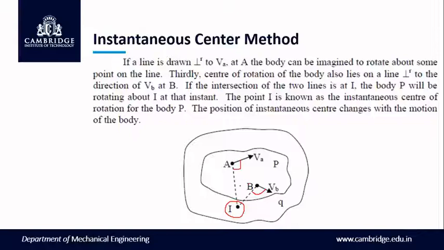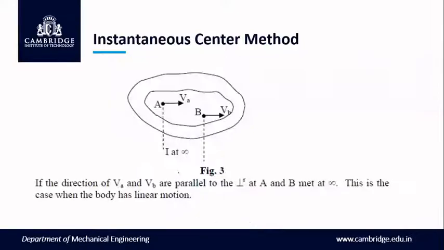One more thing is that the position of this instantaneous center keeps changing with respect to the motion of the body. So this instantaneous center is not fixed. If the directions of velocity VA and velocity VB are parallel, as you can see in the diagram, the perpendiculars drawn for VA and VB will meet at infinity.